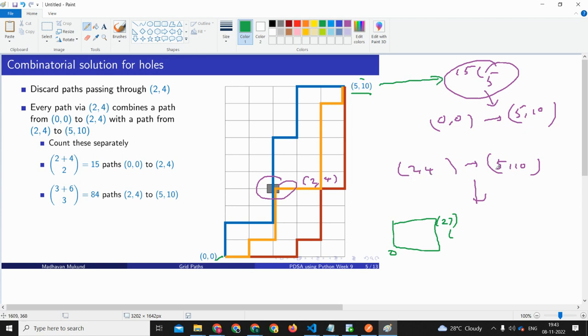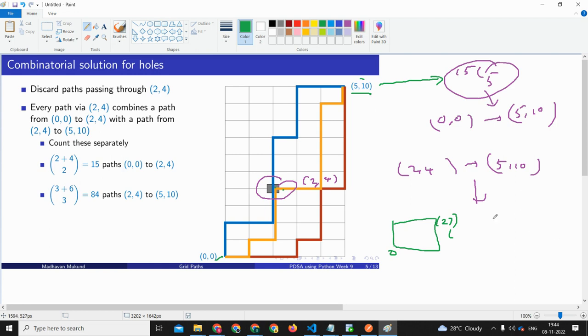So if it is given 2 comma 4 to 5 comma 10, in between, how do you tell it? We can calculate from 0 to 2 comma 4, and from 0 to 5 comma 10, then subtract these two. The question is 2 comma 4 to 5 comma 10, not the whole thing.